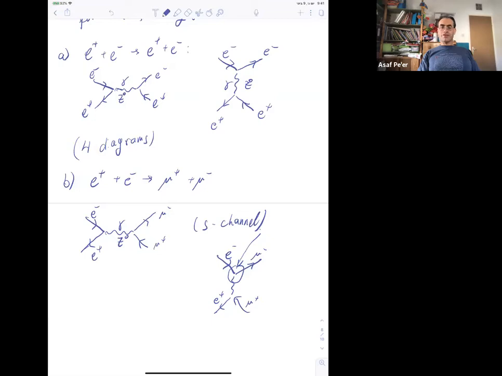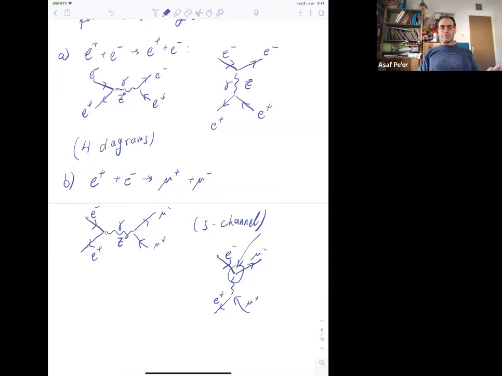I have conservation of energy momentum at each vertex. I cannot touch that. It's a conserved quantity.